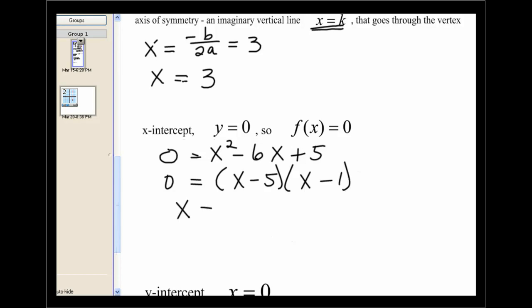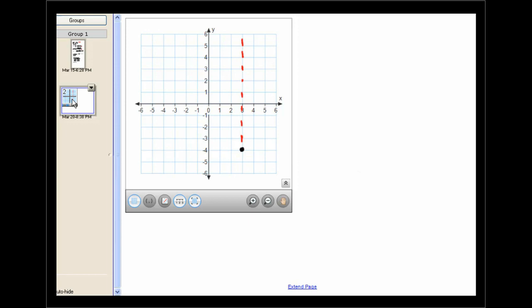Setting each factor equal to 0, we see x equals 5, x equals 1. So the x-intercepts are 5, 0, and 1, 0. So we're going to plot those two ordered pairs on our graph. So we'll have 5, 0, 1, 0.